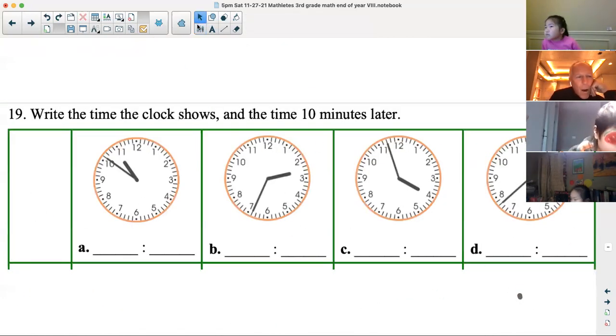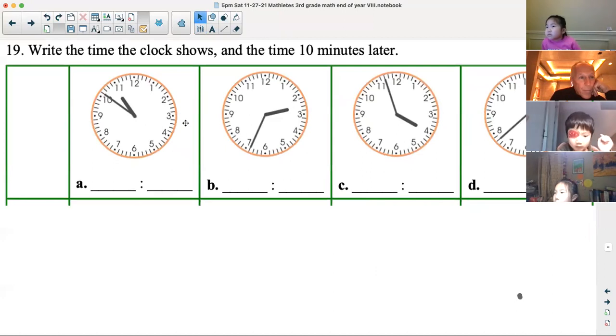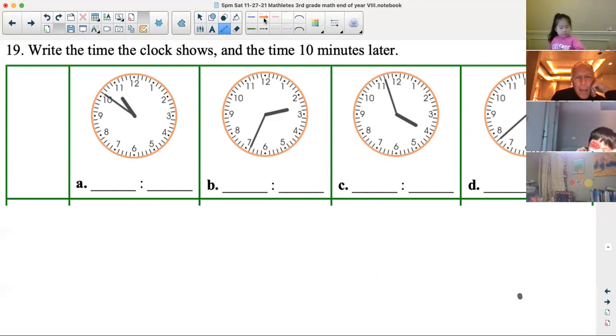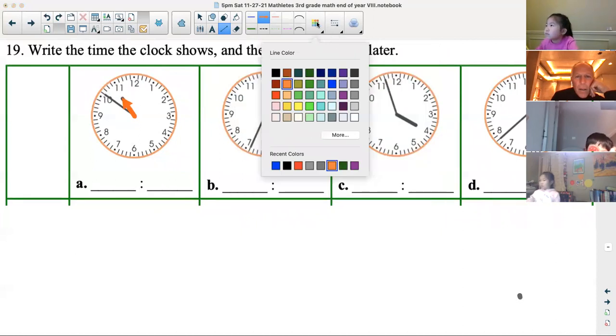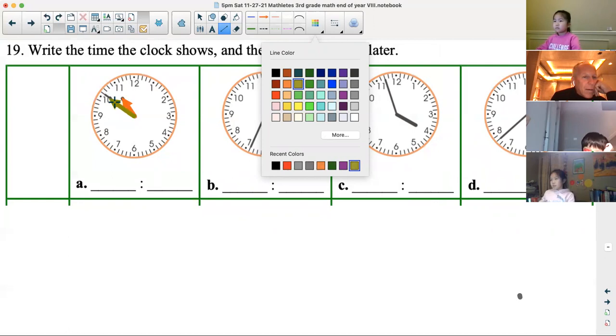We're going to start with this first one, and we're supposed to write the time on the clock. I'm going to make an hour hand, and I'm also going to make a minute hand.